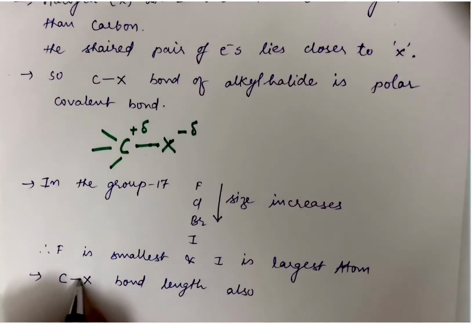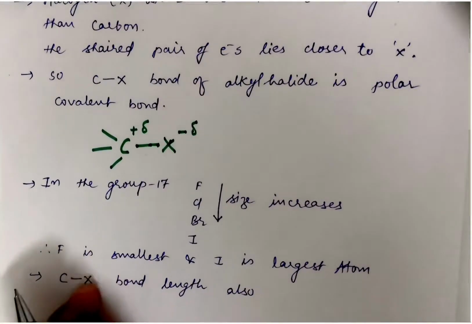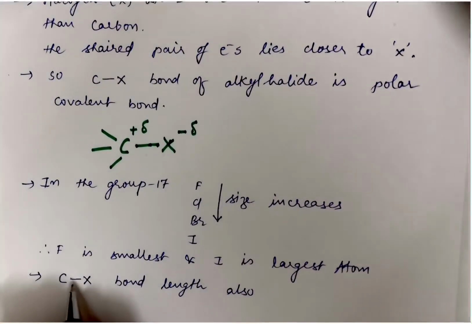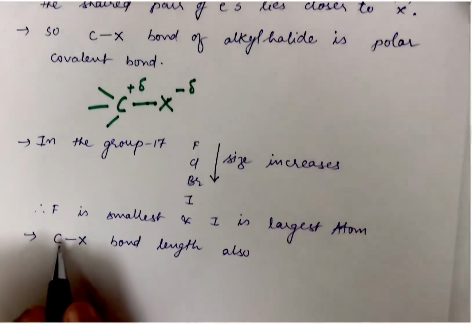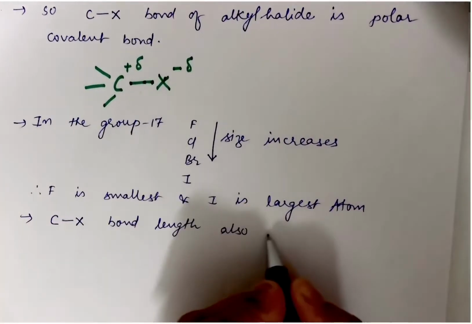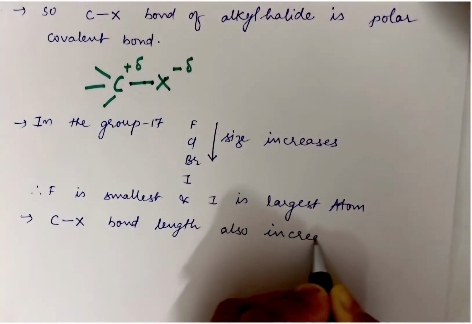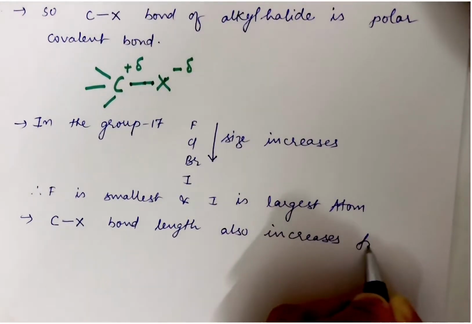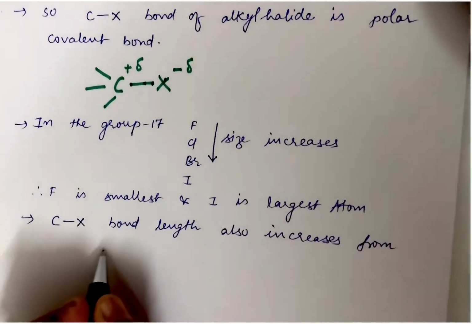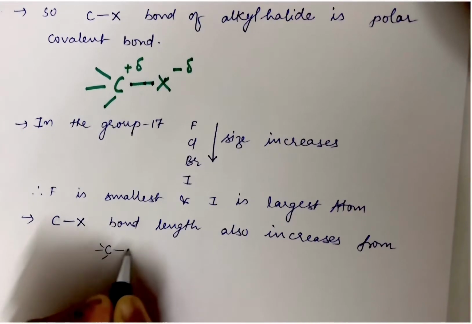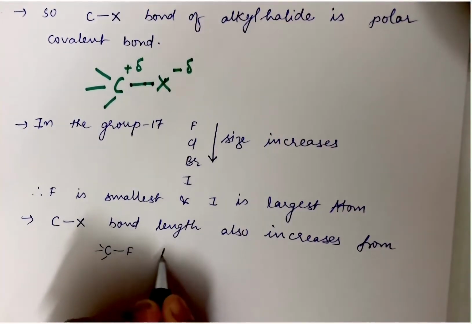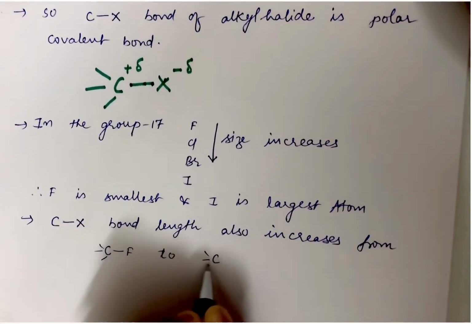The bond length between C and X keeps on increasing because your halogen size is increasing. So what is the point I wish to mention for you over here is CX bond length also increases from, specifically if I wish to discuss in this case here, I can write like this also, from CF to your CI.